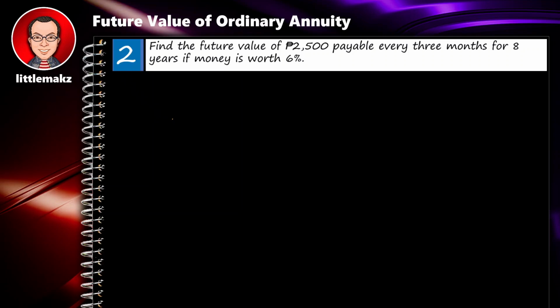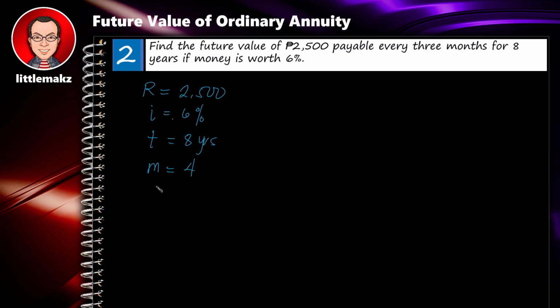Let's go ahead and have the given R is equal to 2,500 because we're going to look for the future value. Interest rate is 6%. Time given is 8 years. And the compounding period is every 3 months. That means it is quarterly.